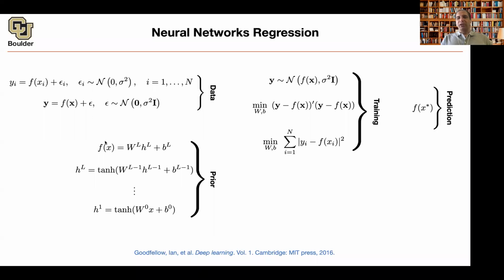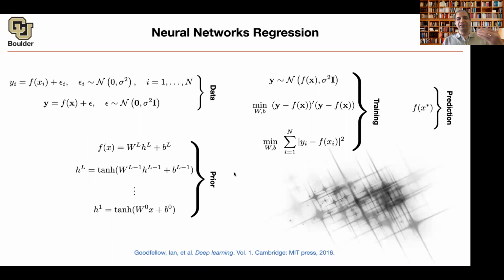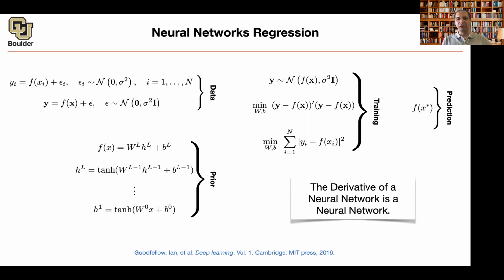But how are we going to make neural networks physics informed? What is the key observation? The key observation is that the derivative of a neural network is a neural network. If you take the derivative of F with respect to X, you're still going to have a neural network. You're going to do some backpropagation, some chain rule.